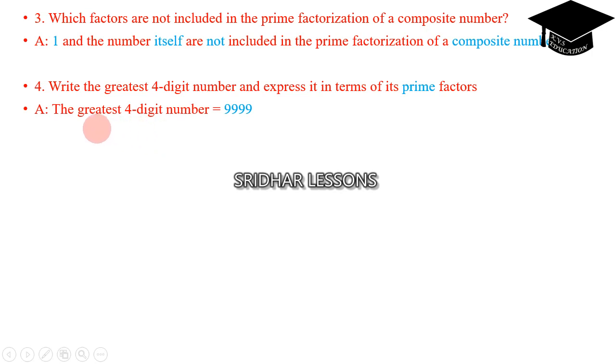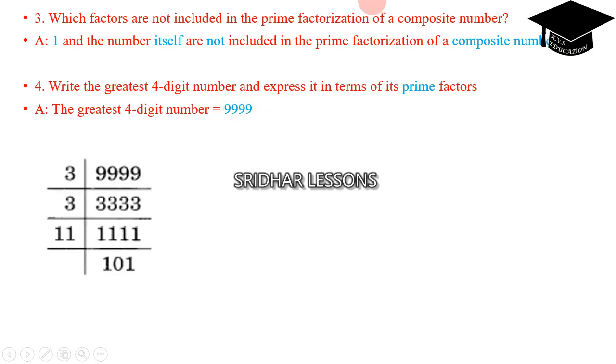I told you, the greatest 4-digit number is 9999. Now we have to express it in terms of prime factors. 9999 can be factorized as 3 into 3333, and again 3 can be factorized into 1111, and 1111 is 11 into 101.